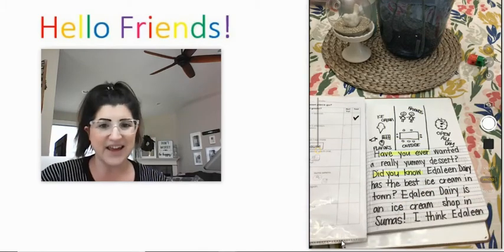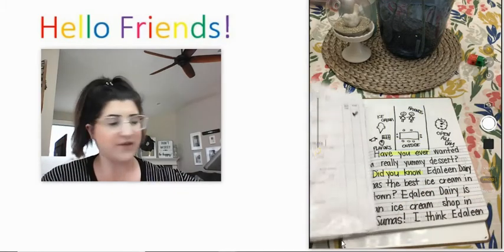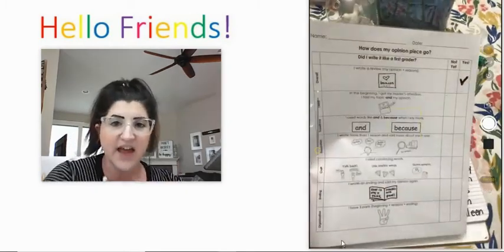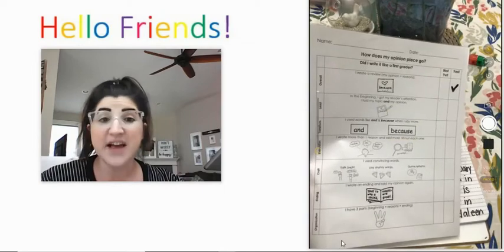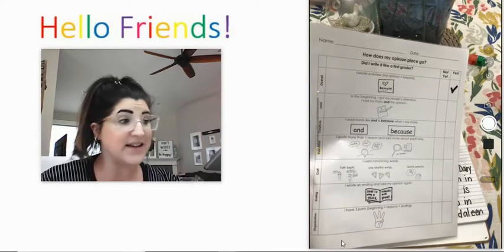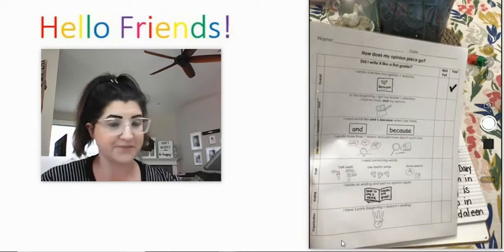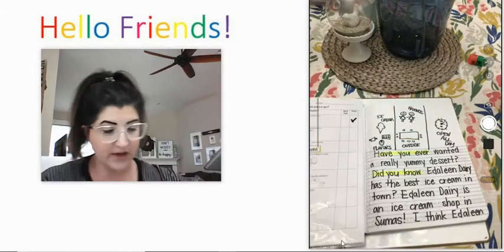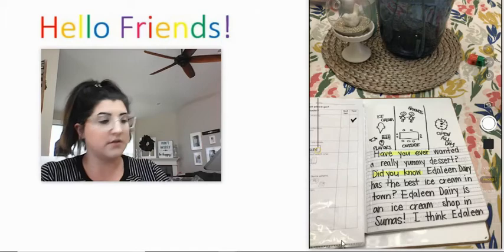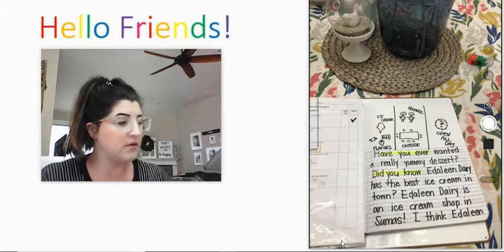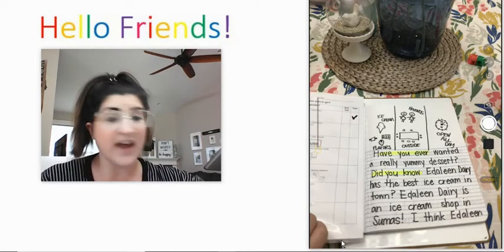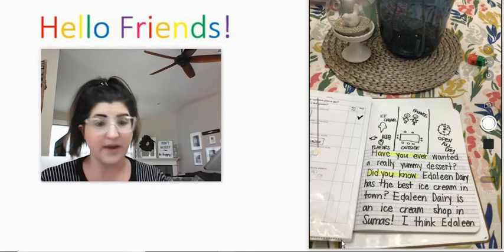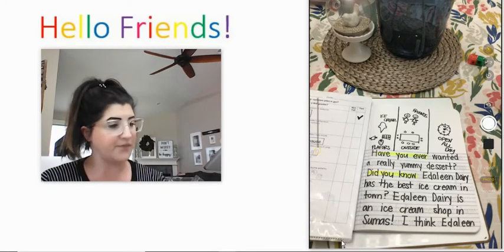And the next thing that a good writer needs to have in their writing is they need to have written a beginning that got the reader's attention and named the topic. So I'm going to reread to check to see if I have a beginning where I name the topic and said my opinion to get the reader's attention.